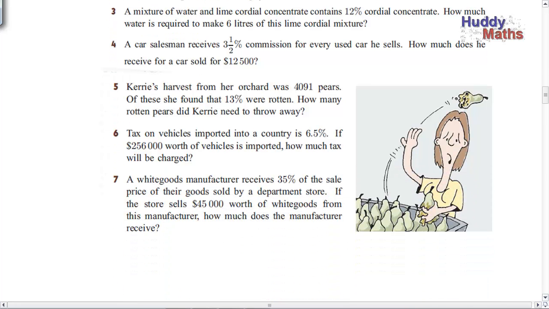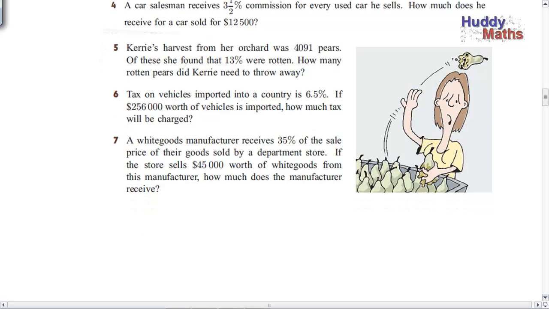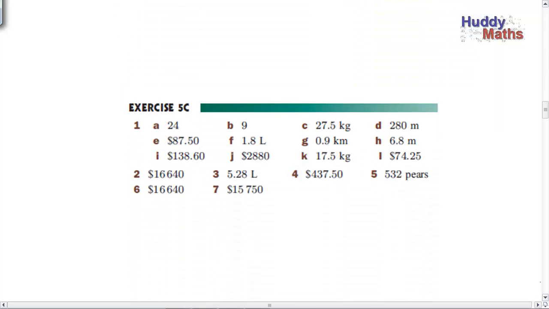I want you to have a go at most of those problems there. And make sure you're up to speed now, because this is important in everyday life, around the world, internationally. So let's have a look at the answers now. There we have the 7 answers, so check them off, go back, and you might have to check that you're doing the right thing. All right, let's move on.